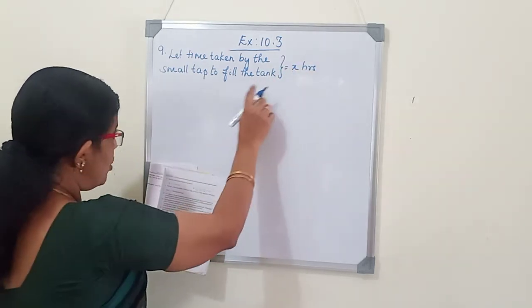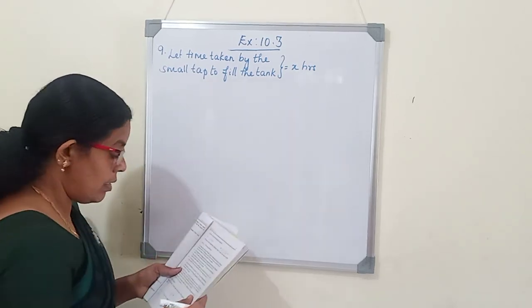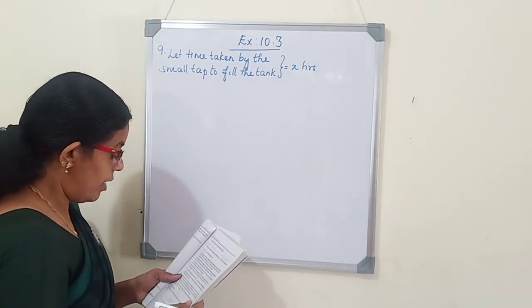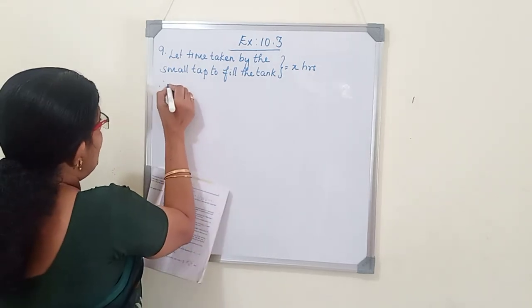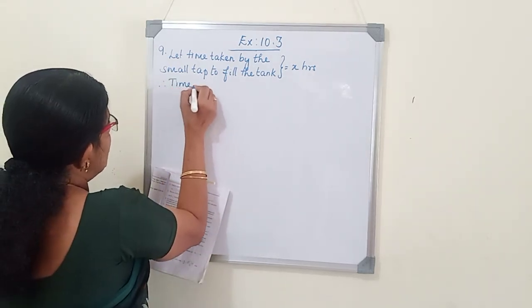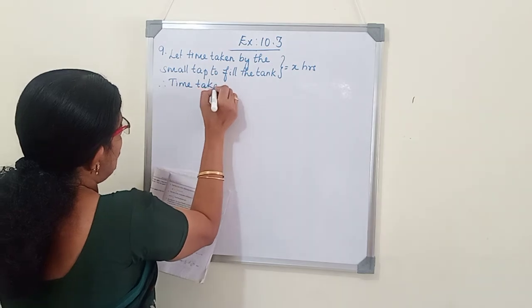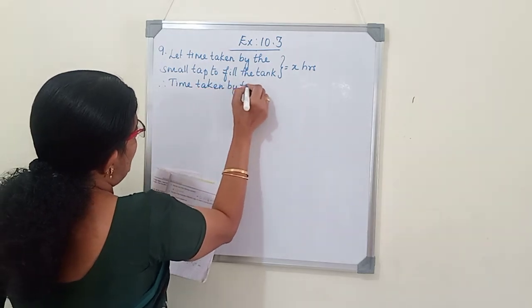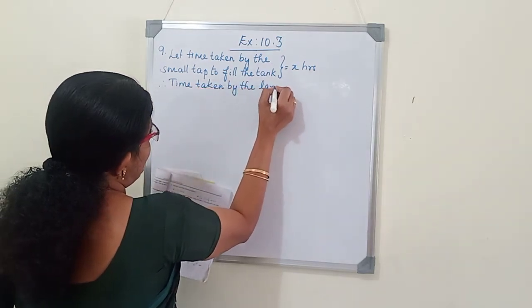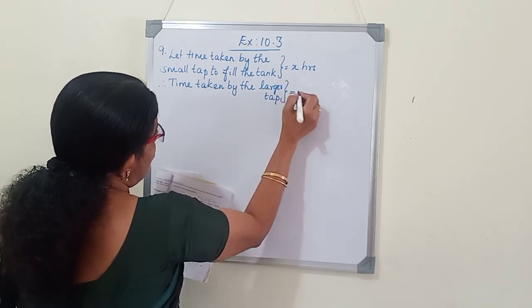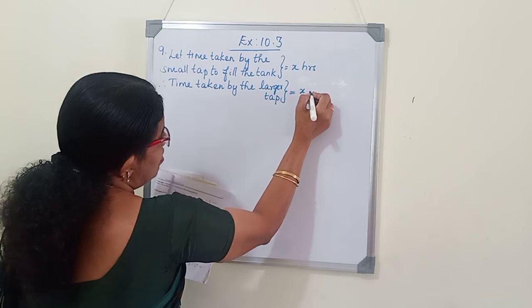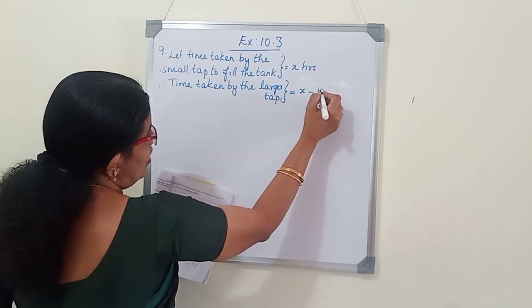So if the smaller tap will take x hours, the larger tap will take x minus 10 hours, 10 hours less. Therefore, time taken by the larger tap is x minus 10 hours. The larger tap usually will take less time to fill the tank.